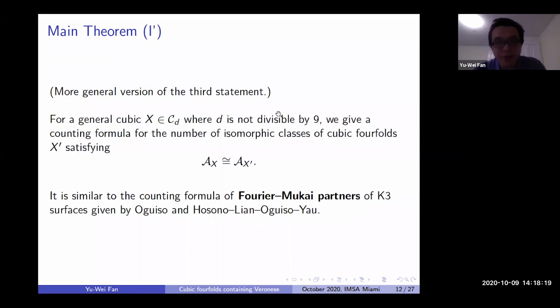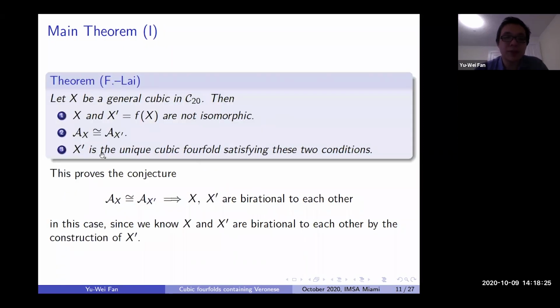Oh, sorry, there's another slide. There's a more general version of the third statement. We can think of the third statement as saying the number of cubic fourfolds with K3 category equivalent to that of X is equal to 2, right? So it's either X or X prime.